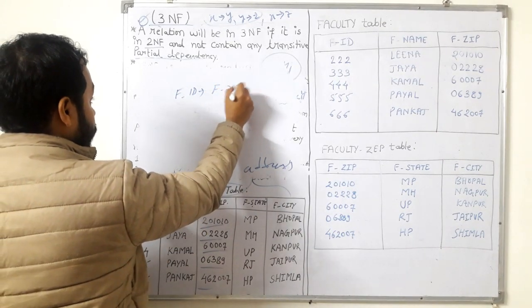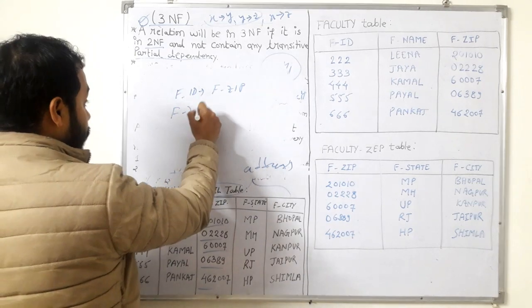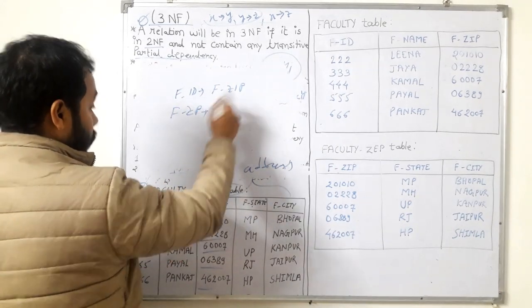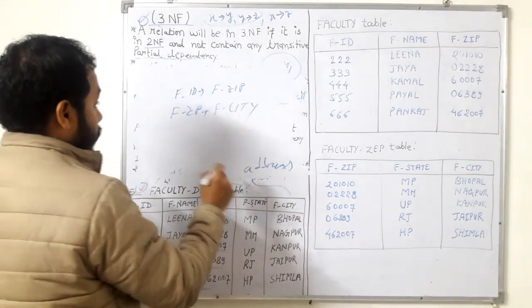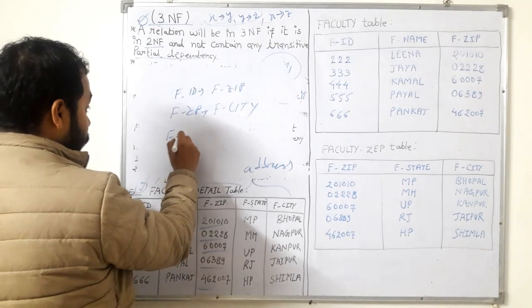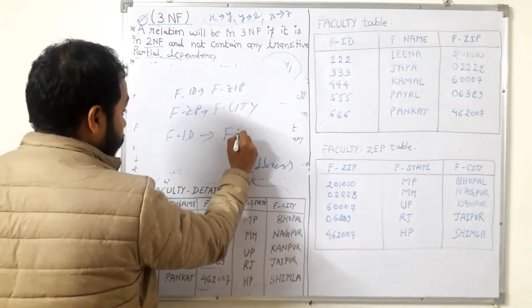You know that, isn't it? But FZIP is deriving FCT. But FID can also derive FCT.